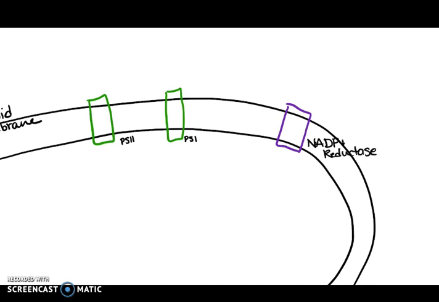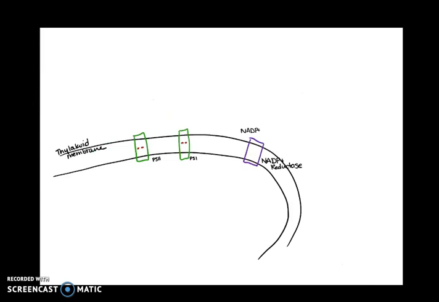So to understand this process, we need a few players in place. We're going to put an NADP plus right here, attached to the NADP plus reductase. And then we're going to need some electrons. There's going to be a pair of electrons in photosystem 1 and a pair of electrons in photosystem 2. Where are we again?